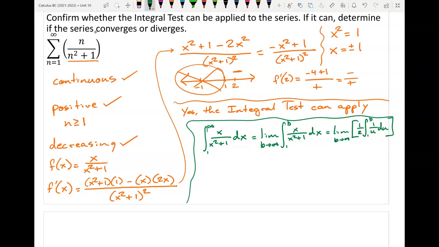Okay. And 1 over u is the natural log. So then that becomes the limit as b goes to infinity of 1/2 of the natural log of u, but I'm going to go ahead and just put my u back in, so that's x squared plus 1. And then that's going to be going from 1 to b.